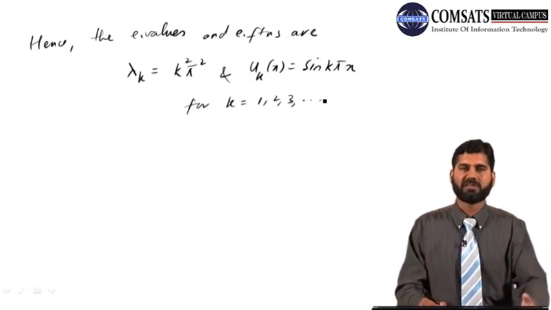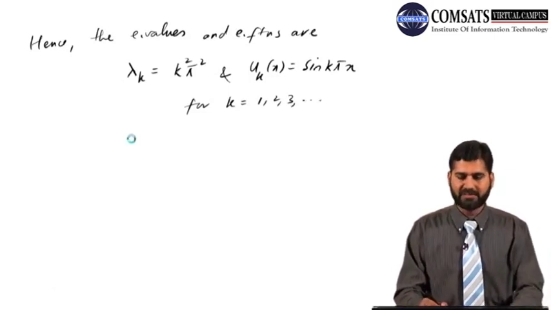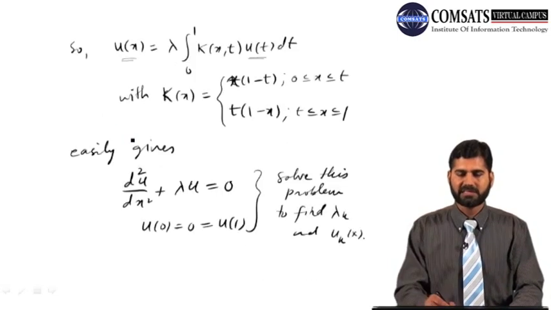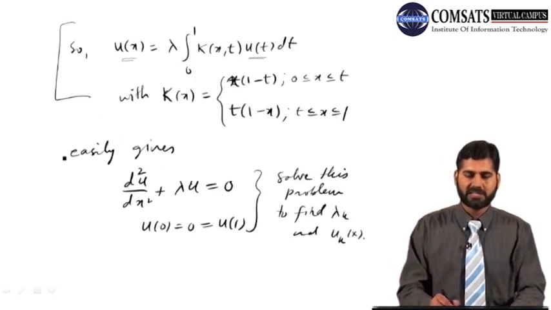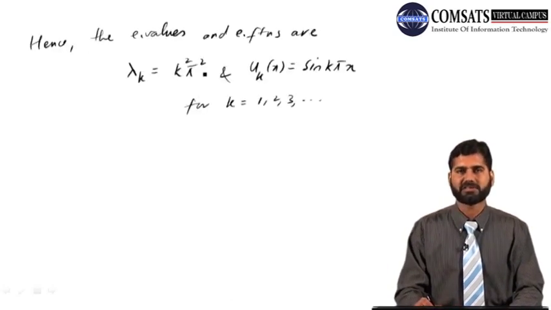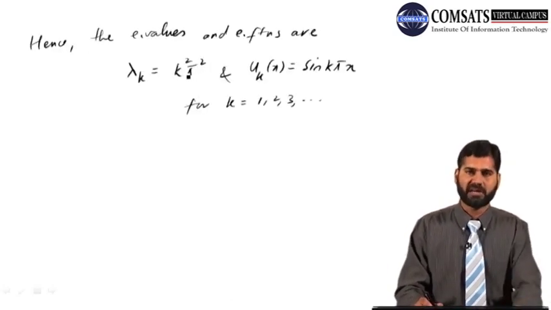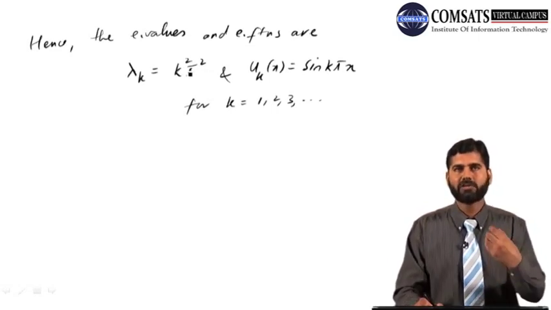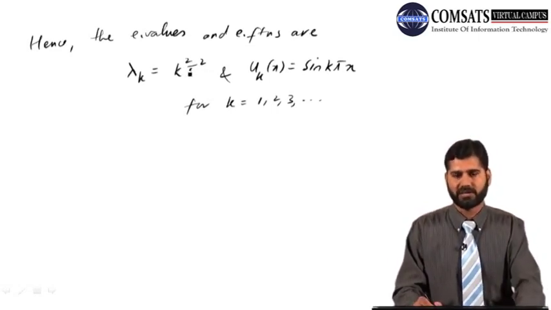So these are our only eigenfunctions and eigenvalues. So instead of solving this integral equation, I solved this one and found that these are my eigenvalues and eigenfunctions. These are the same eigenvalues and eigenfunctions which we should obtain from the integral equation.